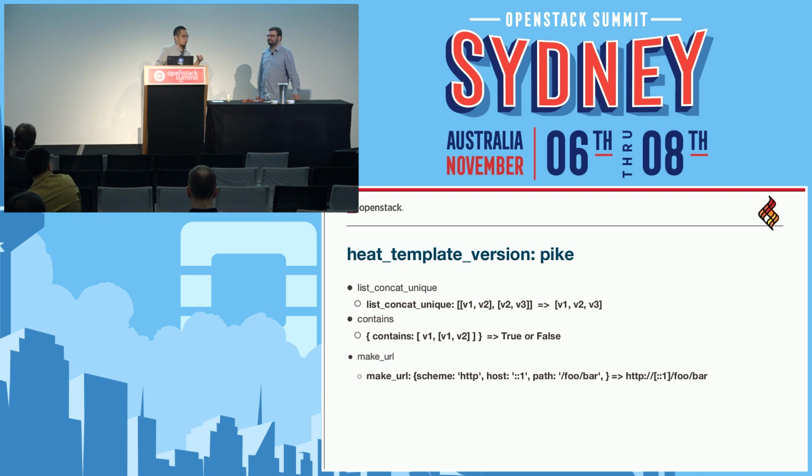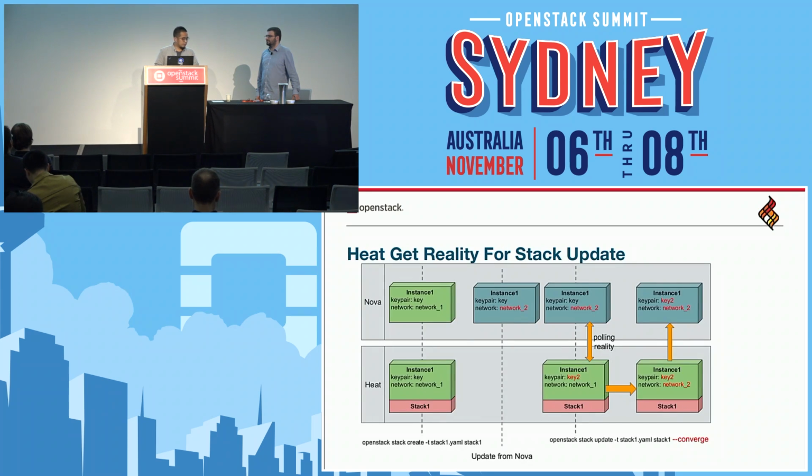So the template version is very simple right now. There are also a few more functionalities. I'm not going to talk about the details of all of them, but we're trying to make sure our templates get more flexibility, with condition judgments that can be used.